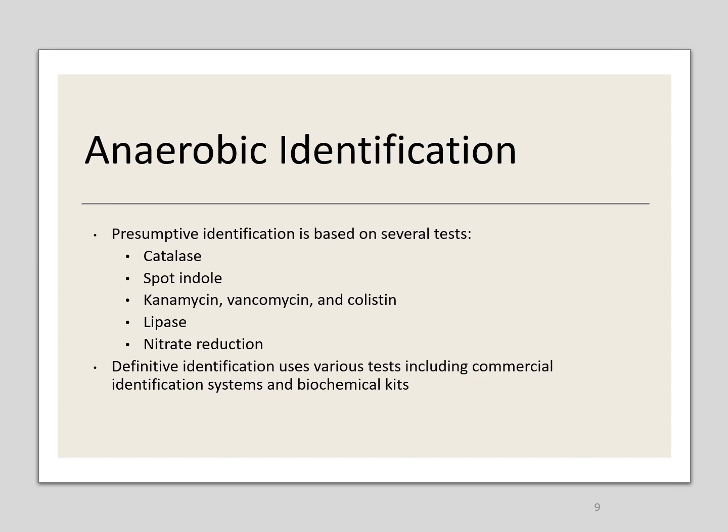To identify these organisms, some of them can be identified based on presumptive identification using some of your spot testing, like your catalase, spot indole, as well as the antibiotic testing, lipase and nitrate reduction. And then a definitive identification can be done after using other techniques, including commercial identification systems or biochemical kits.